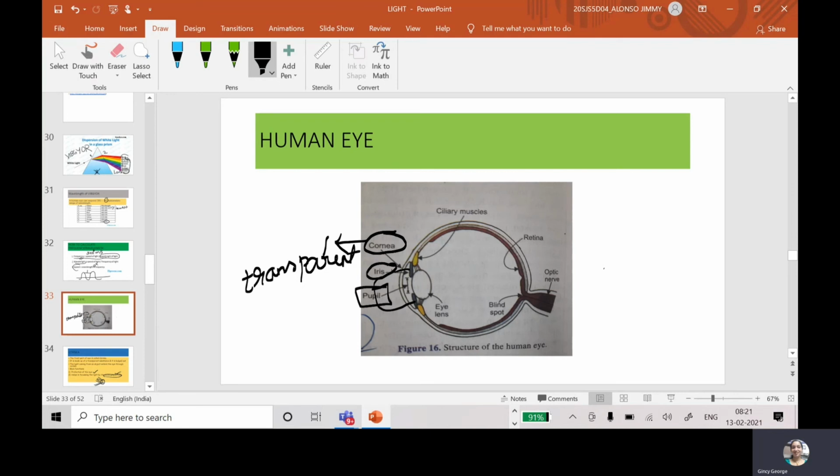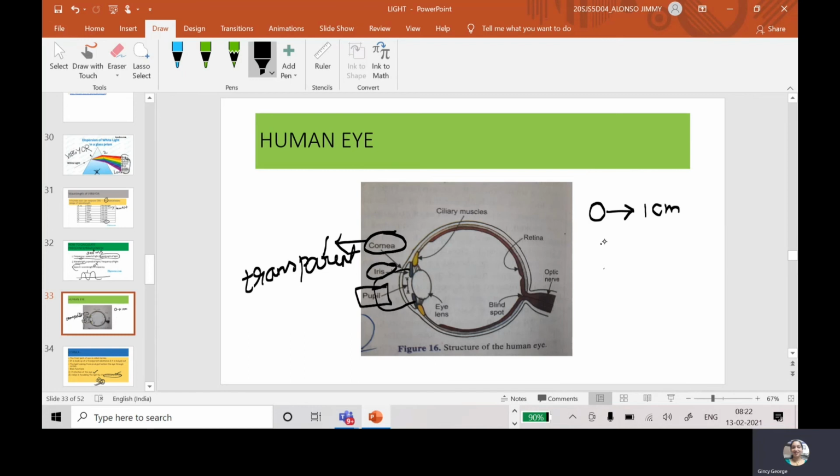The iris is a colored part, and the pupil at its center controls the amount of light entering your eye. For example, if the pupil size is 1 centimeter, it can allow only that much light.